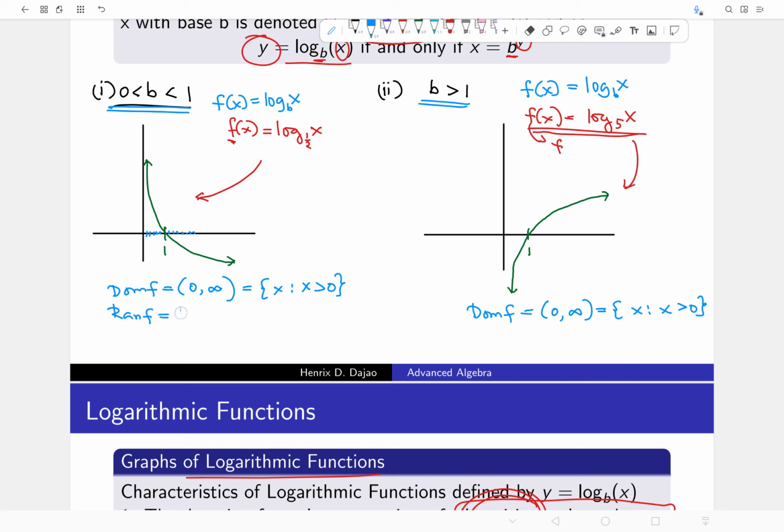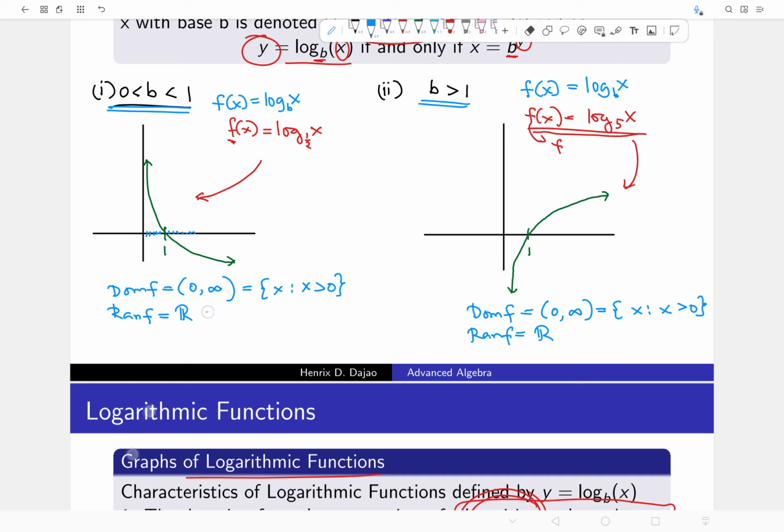Similarly here, it extends to infinity on both sides. So the range of f is the set of all real numbers.